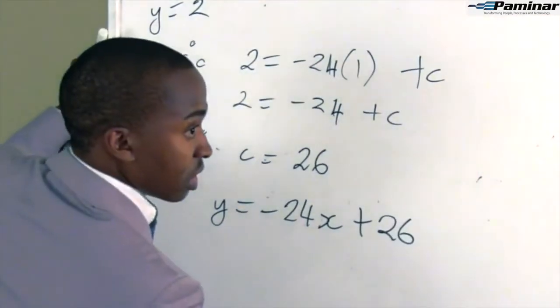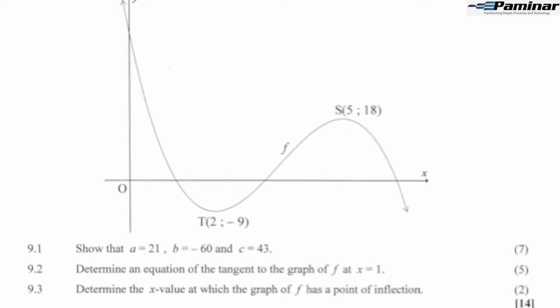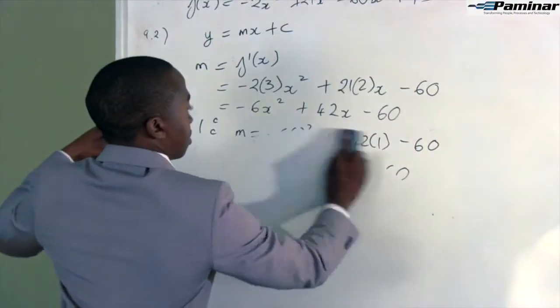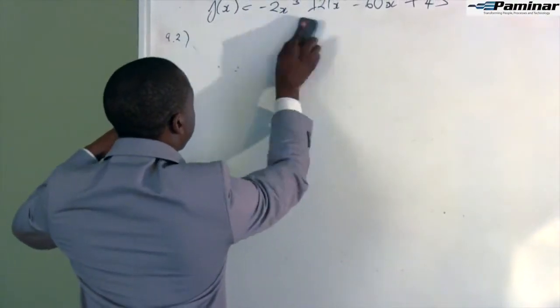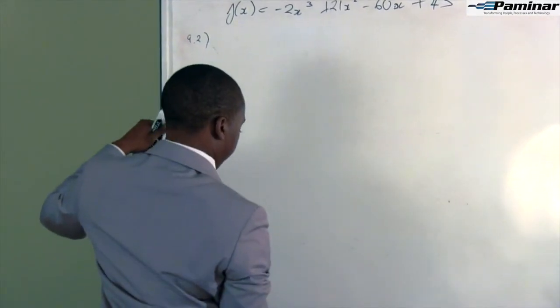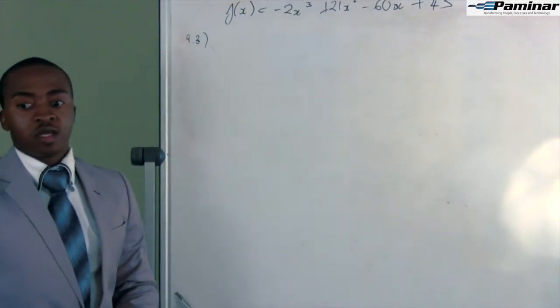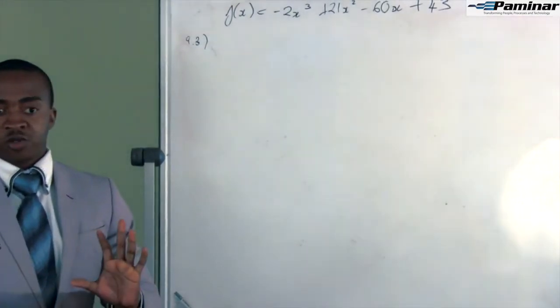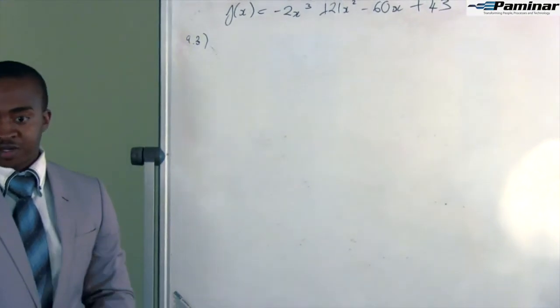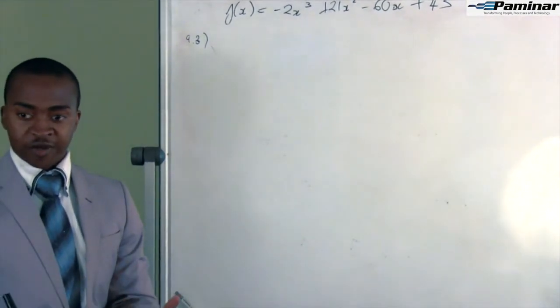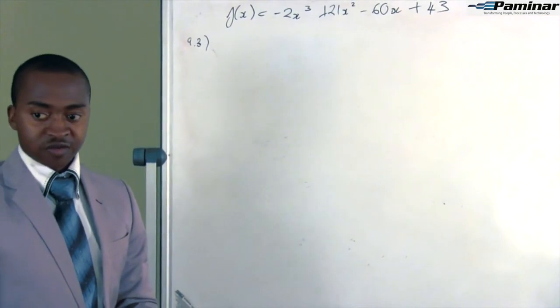Quickly moving on to question 9.3. It says, determine the x value at which the graph of f has a point of inflection. So just like whenever you hear tangent, you do the first derivative, whenever you see the word inflection, it's a double derivative.